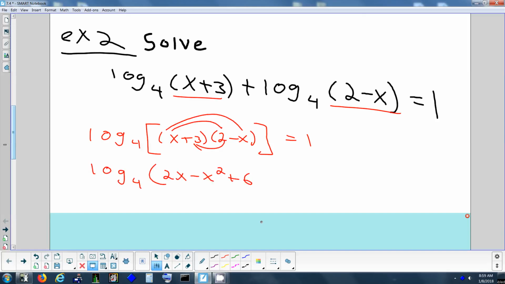And lastly, Connor, what's 3 times negative x? Negative 3x. So really, what I have is a 2x combined with a negative 3x. So I'm going to combine them in this step so I don't have to write it again. 2x minus 3x is really just minus x. Any questions on that?